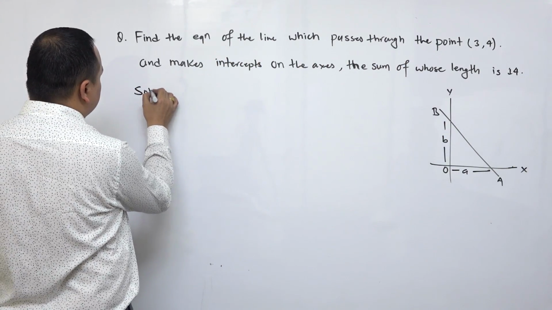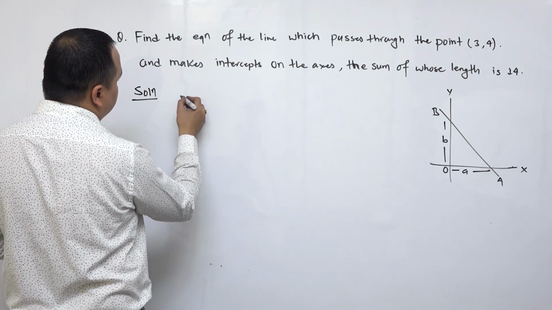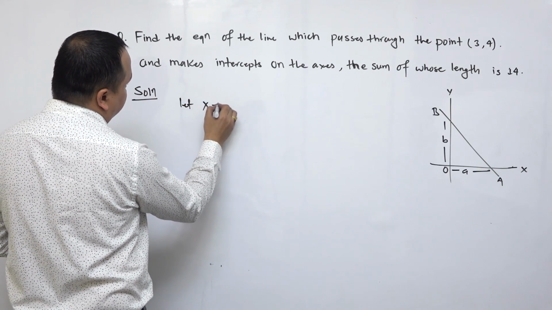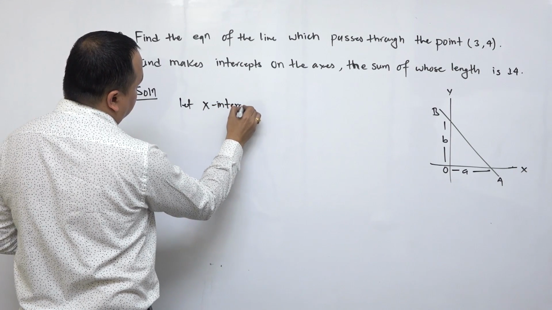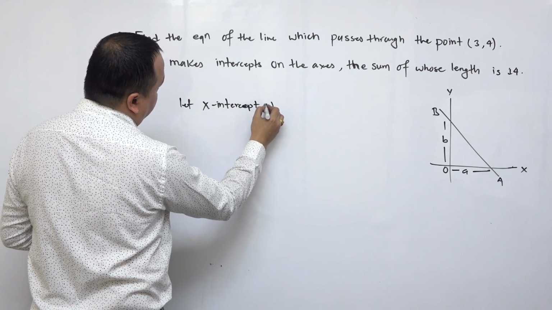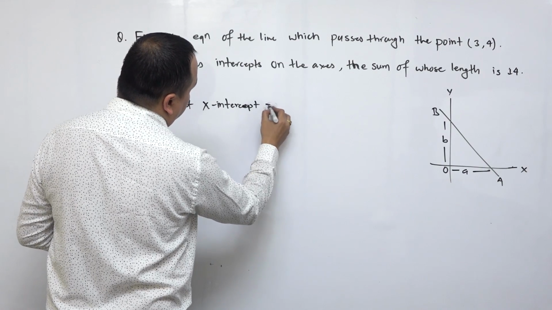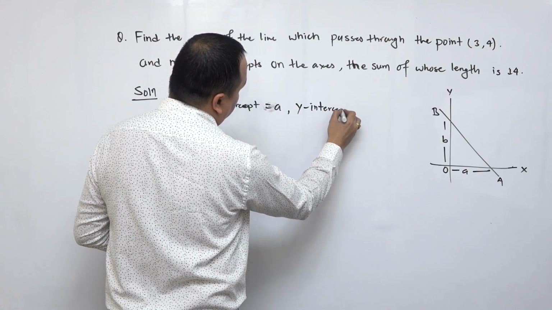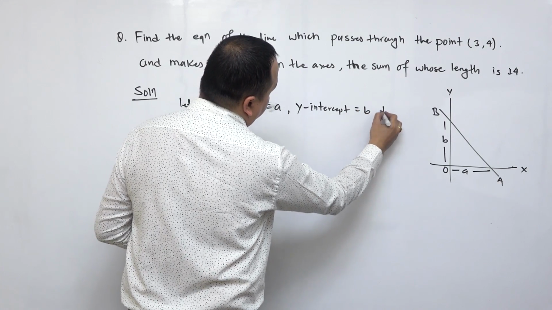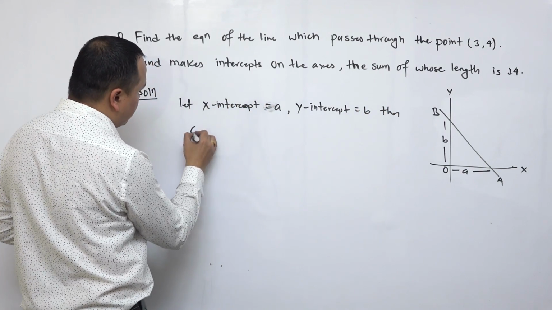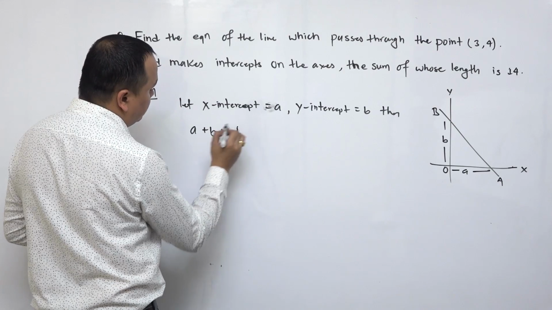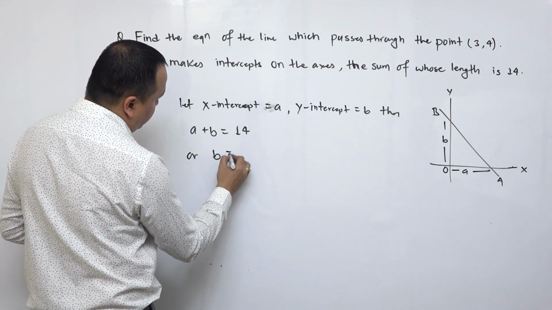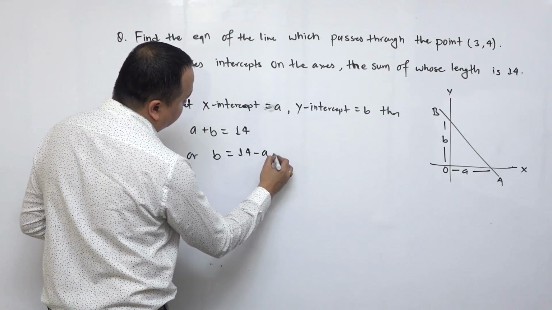Solution. Let x-intercept is A and y-intercept is B. Then A plus B is 14, or B is 14 minus A, equation I.